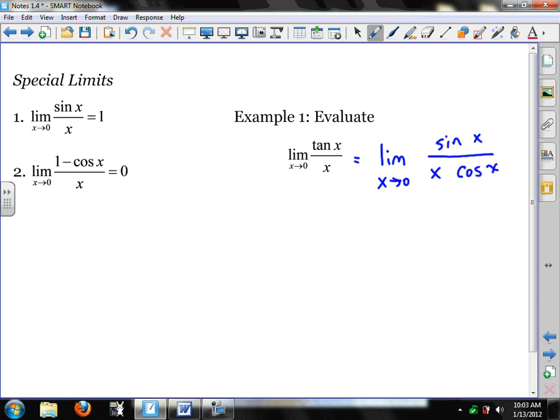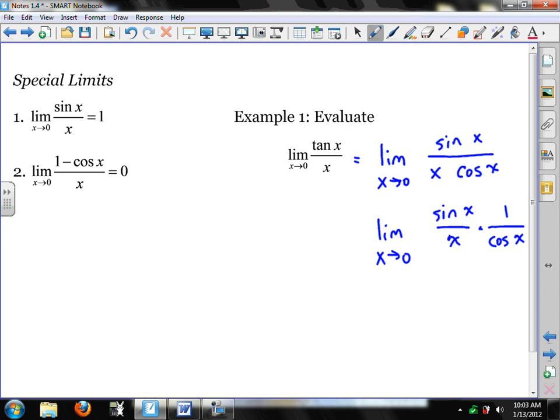So I can rewrite it so that I have the limit as x approaches 0 of sine x over x cosine x. Notice part of that is one of our special limits, sine x over x, and I still have cosine x on the bottom.